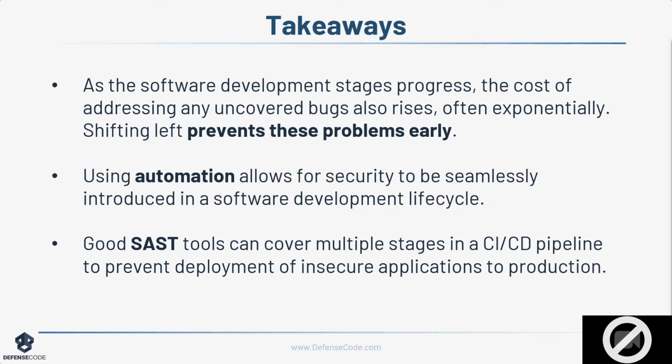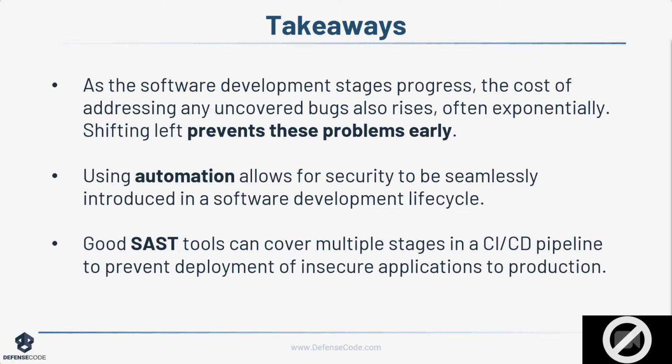We need to use automation to allow security to be seamlessly introduced into the software development lifecycle. If everything is a manual process, it will significantly slow down the processes, and security will simply not be adopted in the organization. So we need to use the automation provided by a SaaS tool.